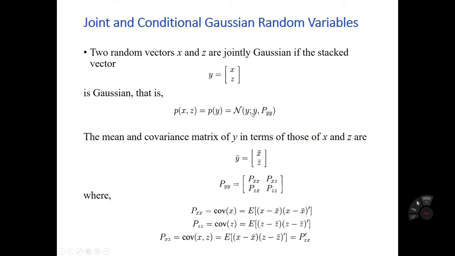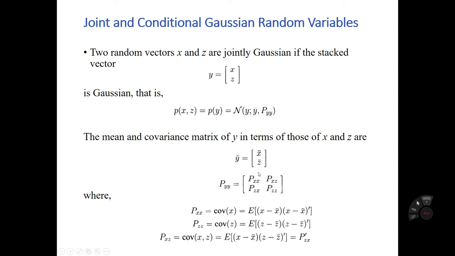Here the vector argument is x and z, and similarly ȳ equals the mean of x and the mean of z. So this is the mean and covariance of y in terms of those of x and z. Similarly P_yy equals P_xx, P_xz, P_zx, P_zz.